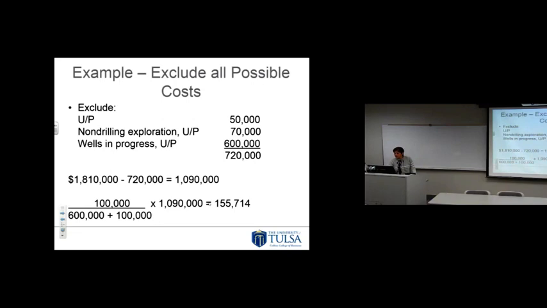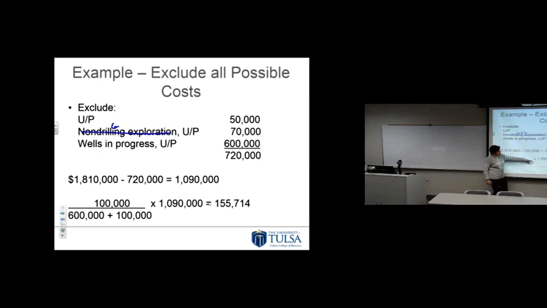So let's just say this is G&G on unproved property, $70,000, the same thing as non-drilling exploration costs. I'm doing exploration, looking for reserves, but I'm not drilling yet. And the well in progress on unproved property is excludable. So out of the $1,810,000, $720,000 is excludable. That leaves $1,090,000.